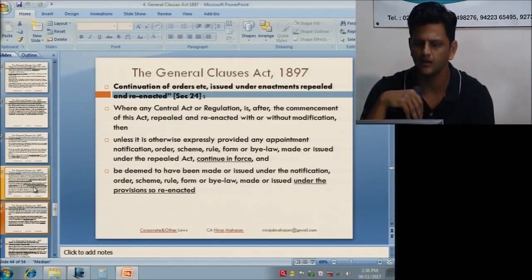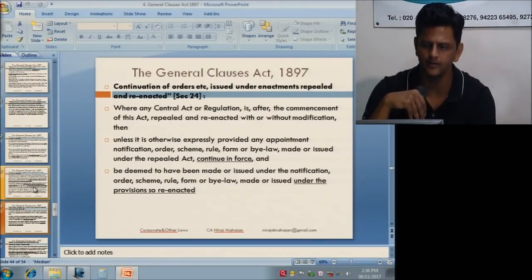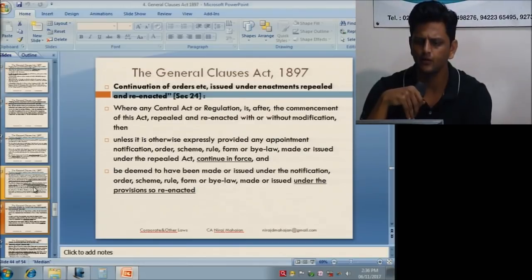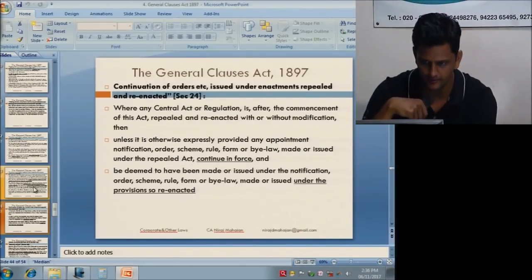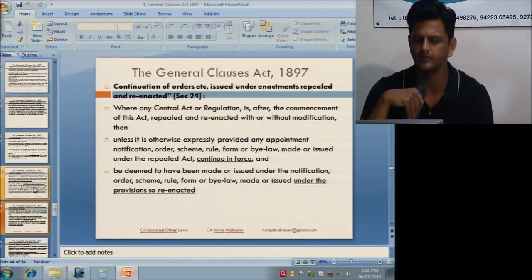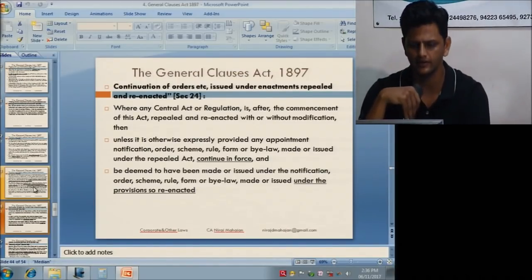Continuation of orders issued under enactments repealed and reenacted. Where any central act or regulation is, after the commencement of this act, repealed and reenacted with or without modification, that means it was cancelled and again reenacted.